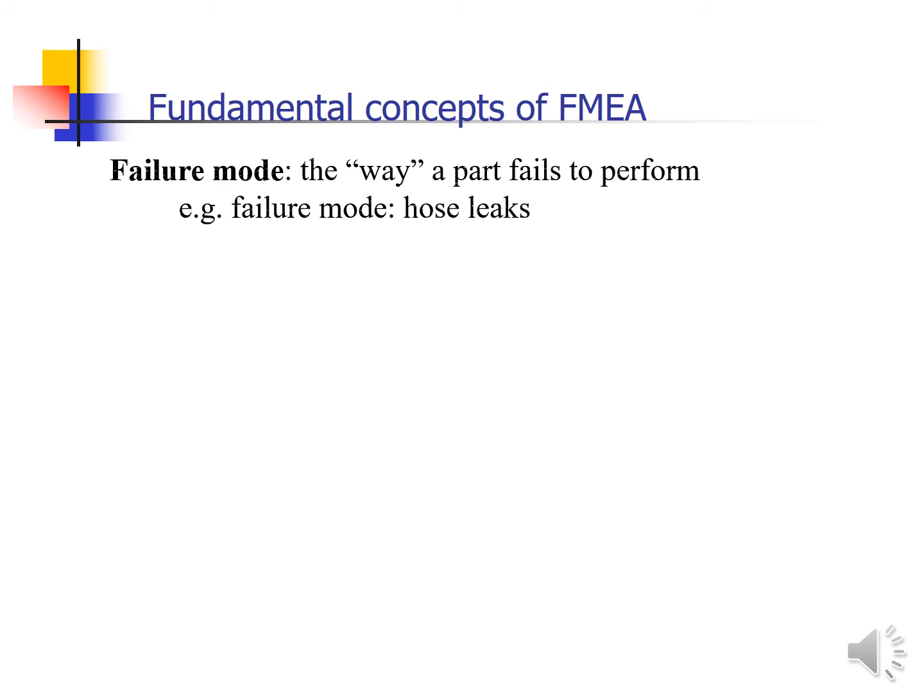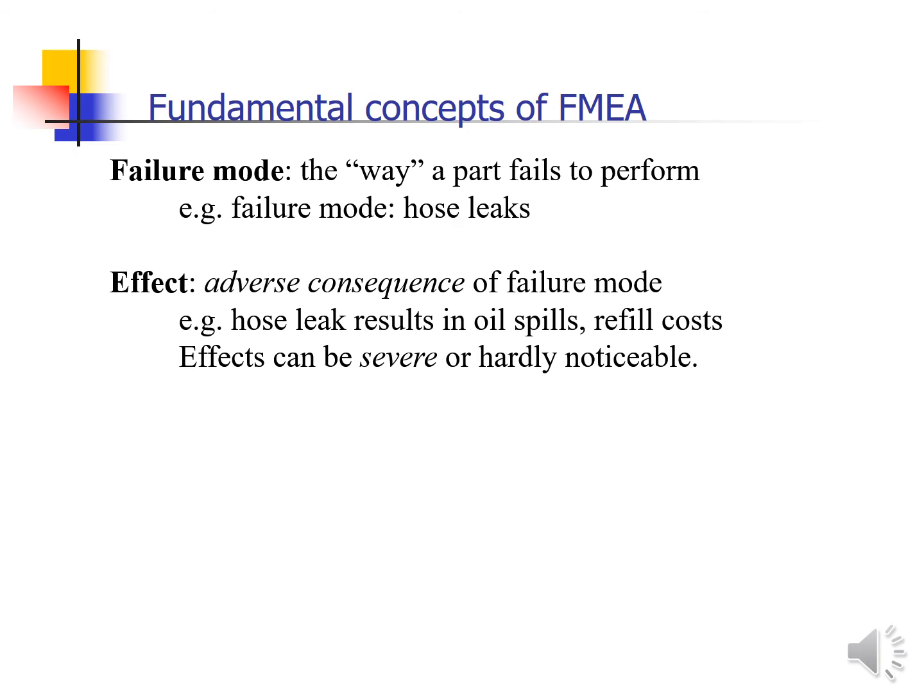So the concept of FMEA. Failure mode: the way a part fails to perform. Example, hose leak. Okay, effect: adverse consequence of the failure mode. Hose leak results in oil spill, refill cost. Effect can be severe or hardly noticeable.